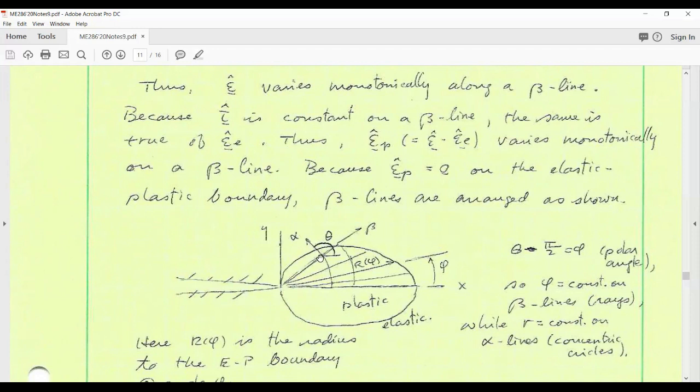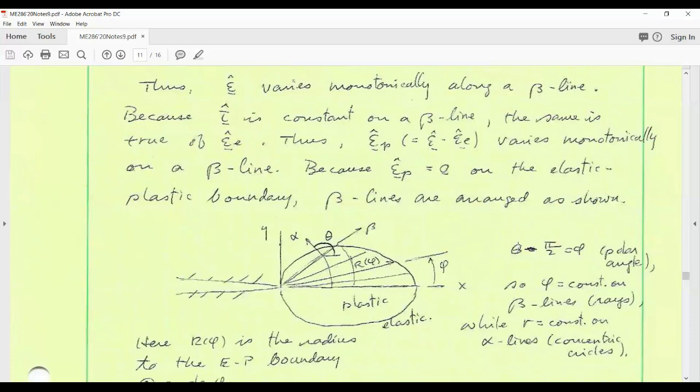Now, if you take theta and subtract pi over 2, that puts you on a beta line, where the angle with the horizontal here is phi. So that tells us theta, which is part of the stress state, right? That's the orientation of the t trajectory. That tells us theta in terms of the coordinate phi.